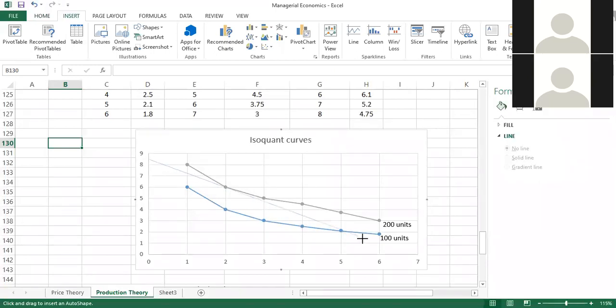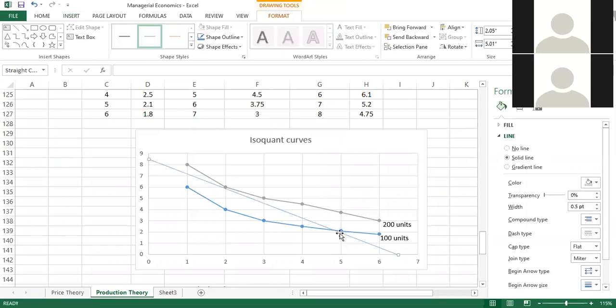If you draw a cost curve somewhere here, like this, you can select this input combination and this input combination also. But the producer will select this one. Why is that? Because using the same expenditure, they can produce this output and this output, but this is 100 units, and this is 200 units.